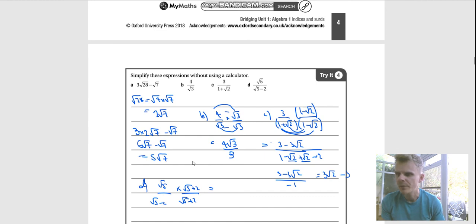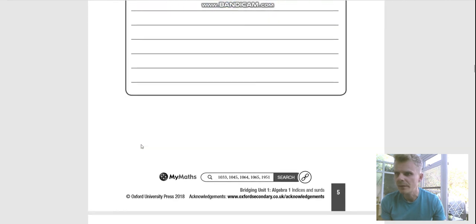In the numerator we get root 5 times root 5, which is 5, plus root 5 times 2, which is 2 root 5. In the denominator we get root 5 times root 5, which is 5. We get minus 2 root 5 but also plus 2 root 5, so that cancels, so I'm not going to bother writing that down. And we get minus 2 times 2, which is negative 4, and 5 minus 4 is 1, so you just get 5 plus 2 root 5, which I think is all of it.